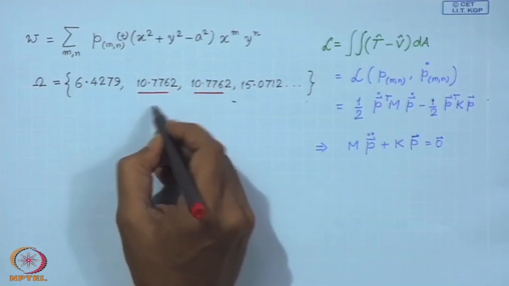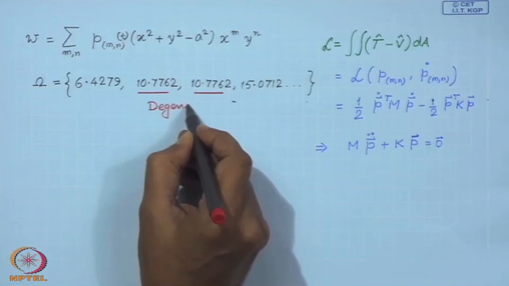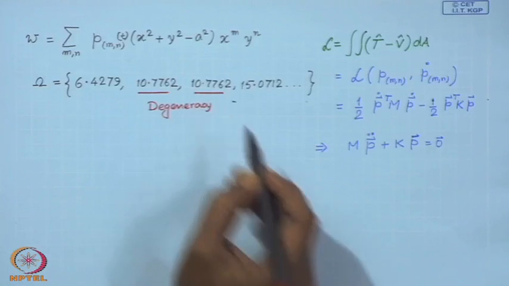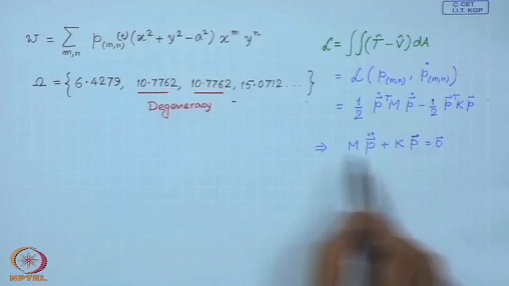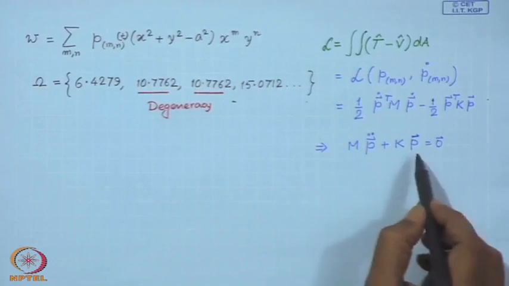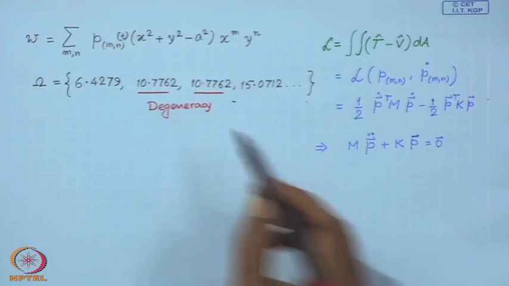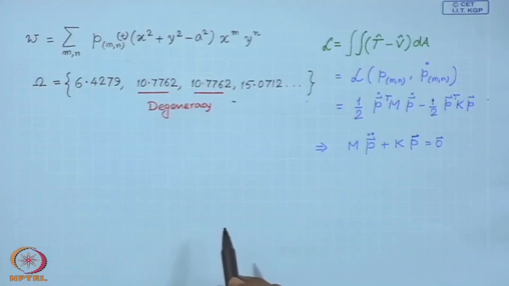So, there is a modal degeneracy. You can check that the eigenvectors corresponding to these two eigenfrequencies are distinct. From here you can construct back the eigenfunctions, and these will be orthogonal.